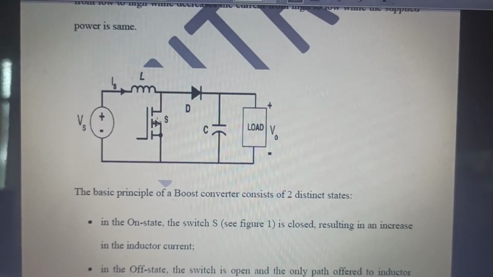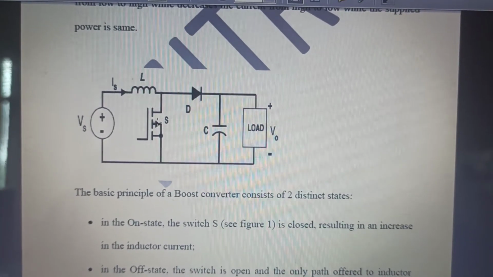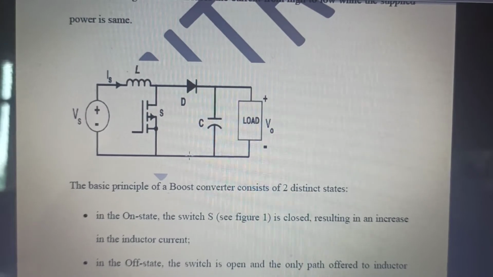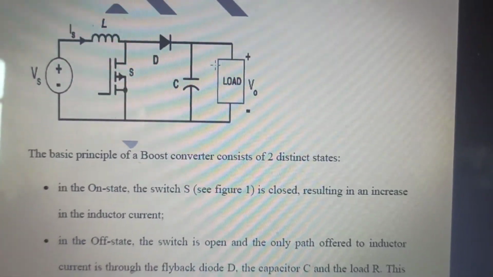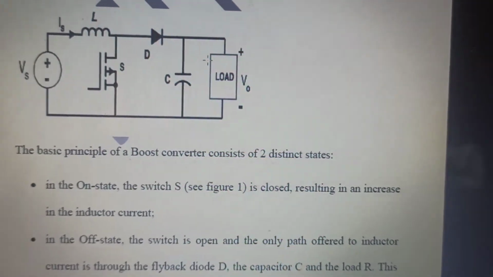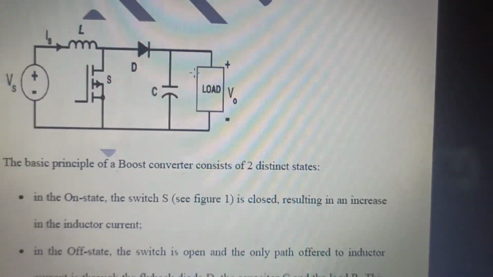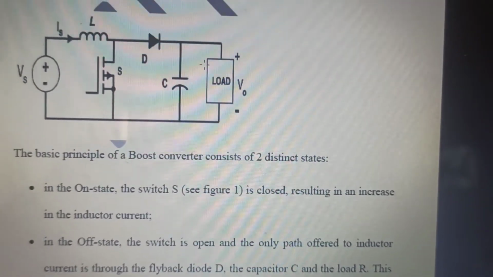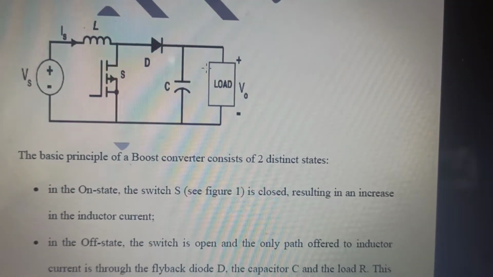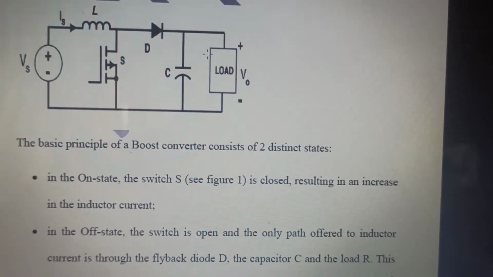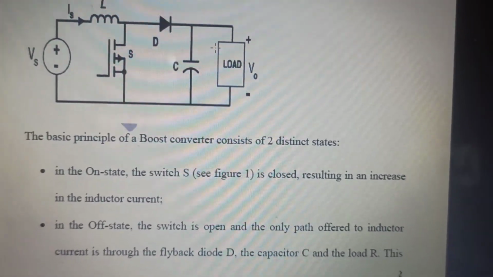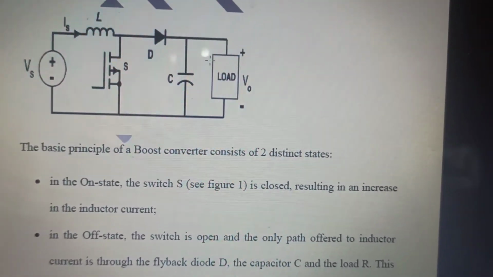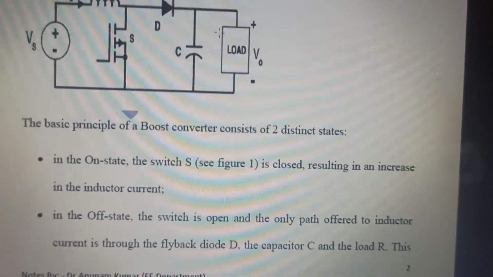We have to apply the ampere second balance at the capacitor, and by applying the ampere second balance at the capacitor, we can get the average inductor value, and that value is I naught upon 1 minus d. I had already discussed this in the previous lecture. I am recalling this again so that the students get it very clearly.